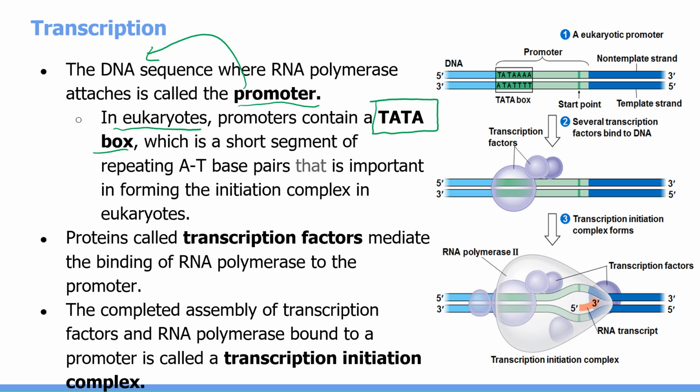So proteins called transcription factors help bind RNA polymerase to the promoter area. And once the RNA polymerase binds to the promoter area with the help of transcription factors, this whole thing is called the transcription initiation complex.